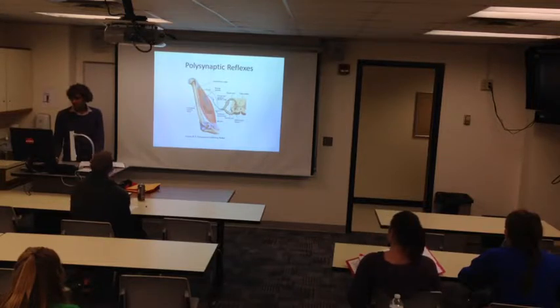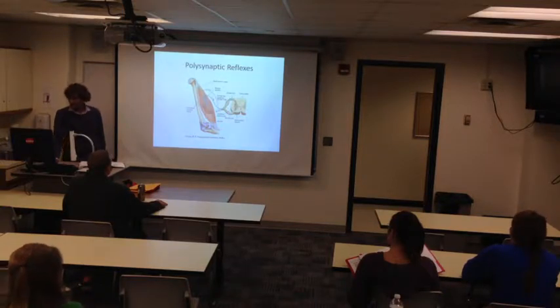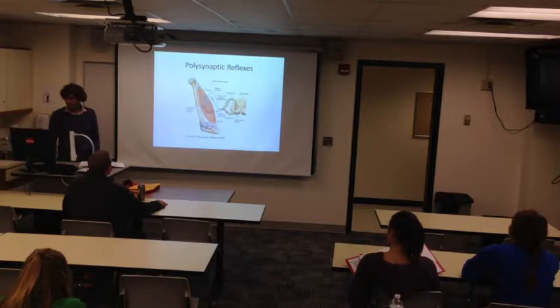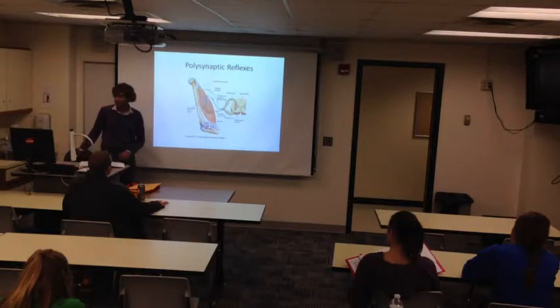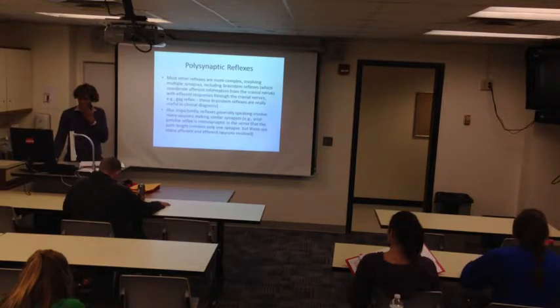And so there are multiple synapses going on here between the interneuron in orange and the Golgi tendon neuron in light green, between the interneuron and the inhibitory neuron, between the inhibitory neuron and the sensory one from the intrafusal fibers. So those are polysynaptic reflexes.